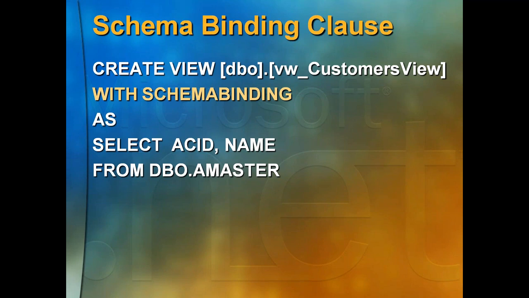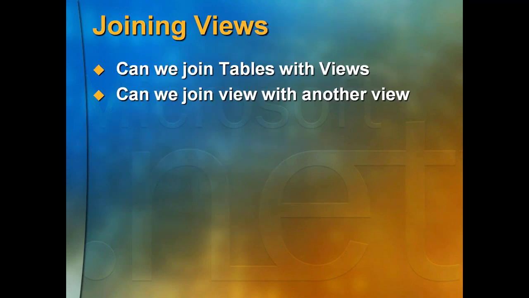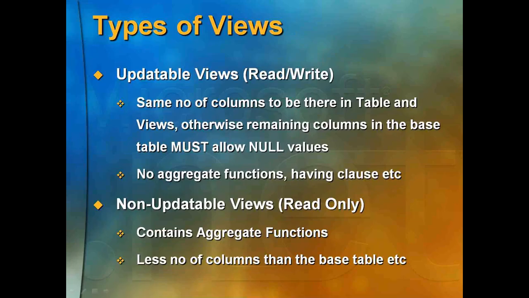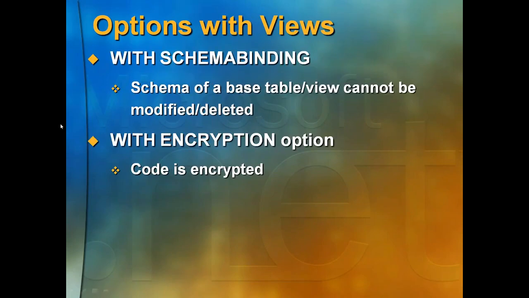Okay, so this is one of what are called options. We are talking about options, right? So one option is with schema binding. The next option, let us talk about with encryption. With encryption means once you encrypt the code, nobody can decrypt it. Nobody can see anything.